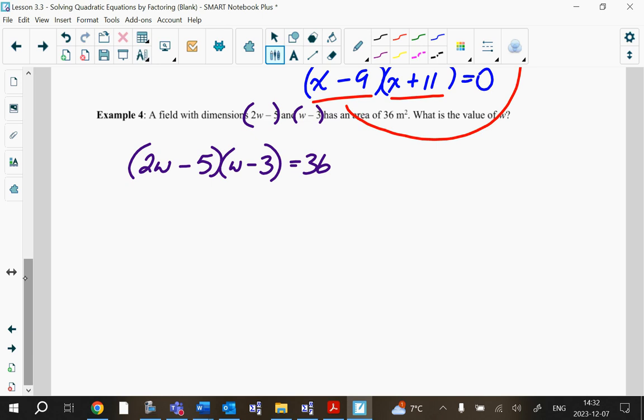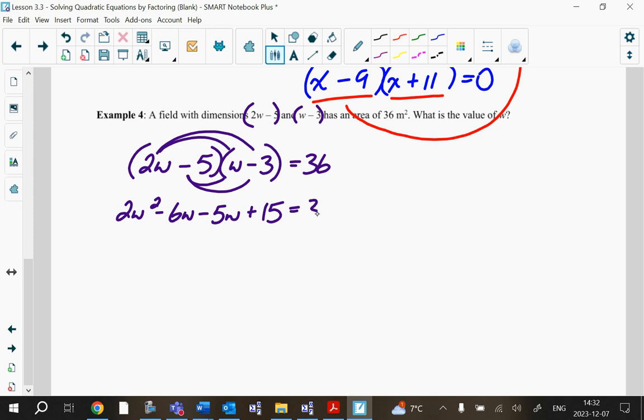How many multiplications here? 4. So 2W squared minus 6W minus 5W plus 15 equals 36. I can simplify the left side a little bit more by combining the minus 6W and minus 5W into negative 11W.